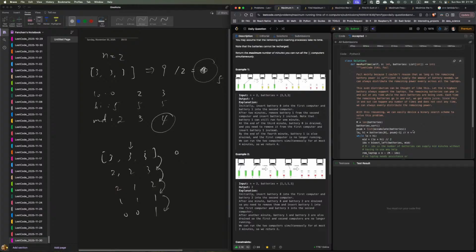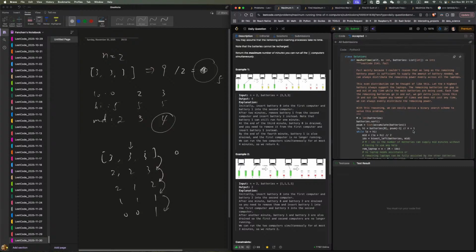Okay, the low and a high. This is the batteries that we can support. We sort batteries, so we go prefix sum, and then we say M is this, index is batteries, and mid.